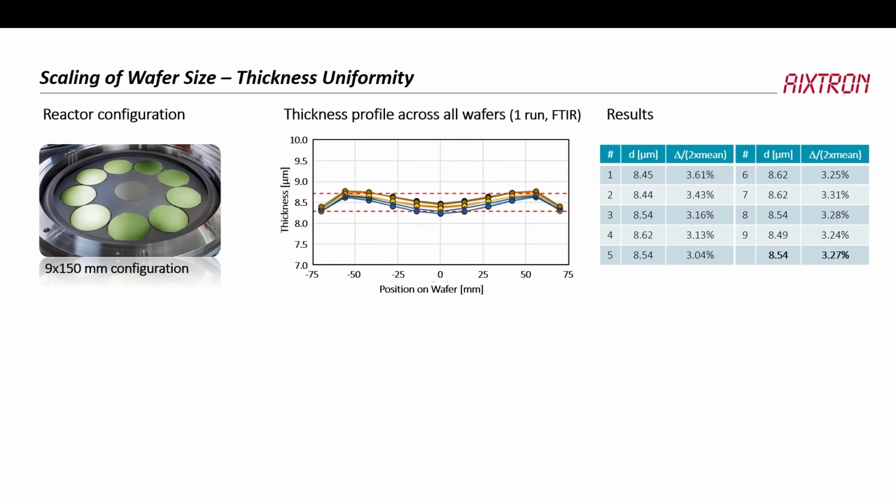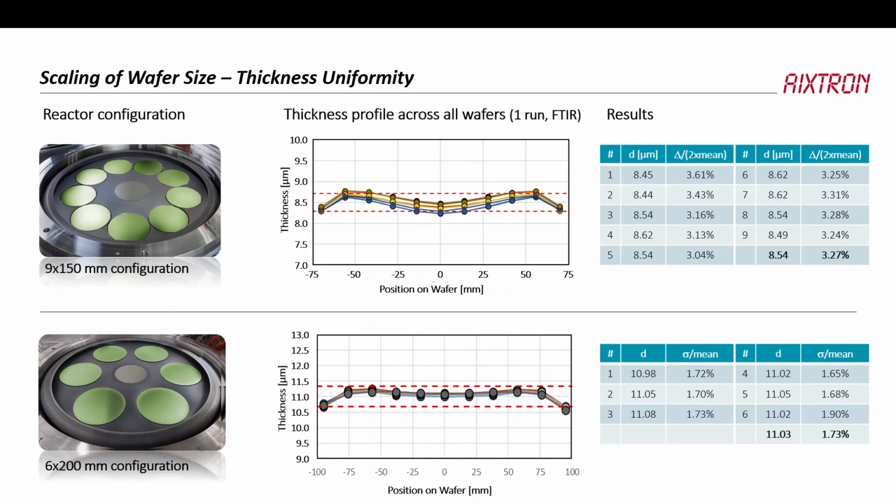And what you do on 150, you also need to do on 200 millimeters. So this is 200 millimeter configuration, 200 millimeter silicon carbide wafers, and also, unfortunately, someone in our lab was wise enough to measure one in sigma and the other one in delta. I don't know why, but anyway, you can see that when you just look at these diagrams that we're in the same ballpark, which means that scaling up from 150 to 200 millimeter diameter wafers is feasible.